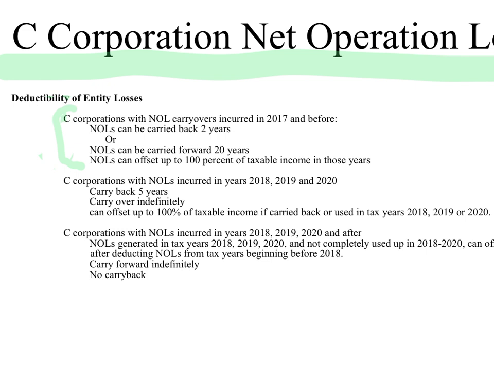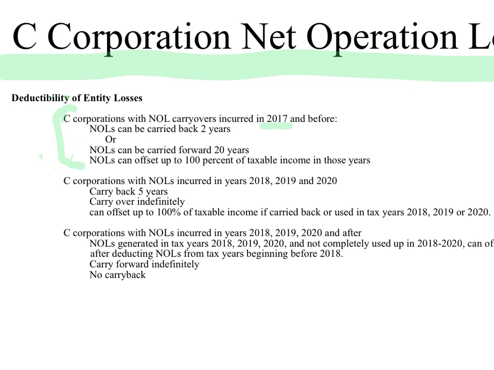So for C corporations with net operating loss carryovers incurred in 2017 and before, these are the rules that were in existence prior to the Tax Cuts and Jobs Act. For those NOLs, they can be carried back for 2 years, or they could be carried forward for 20 years.